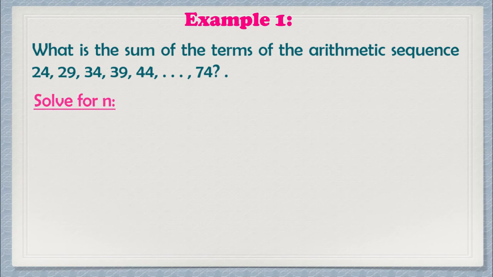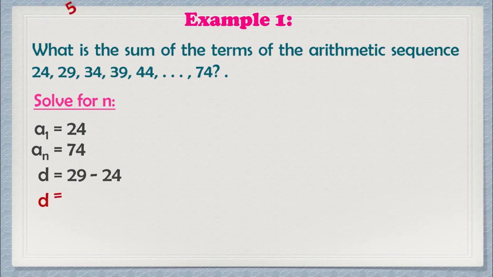Here we're given the first term, so a sub 1 equals 24. A sub n, the last term, is equal to 74. To solve for d, the common difference, that will be d equals 29 minus 24, or d equals 5.